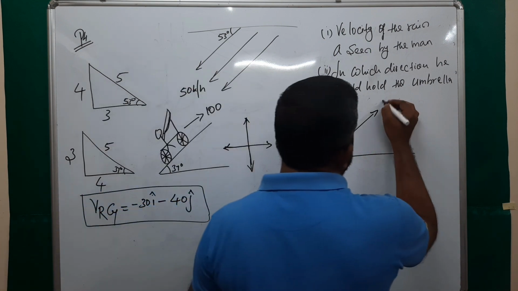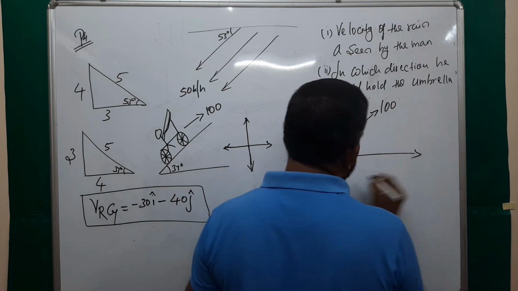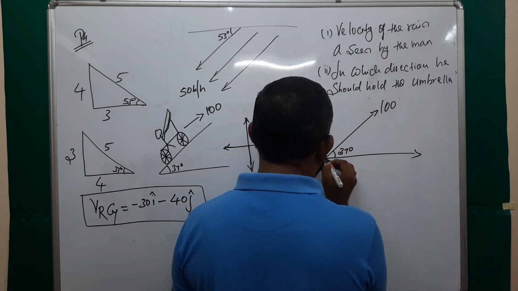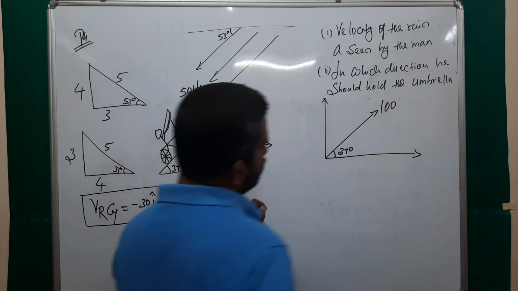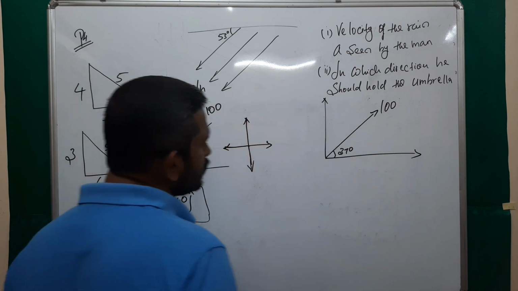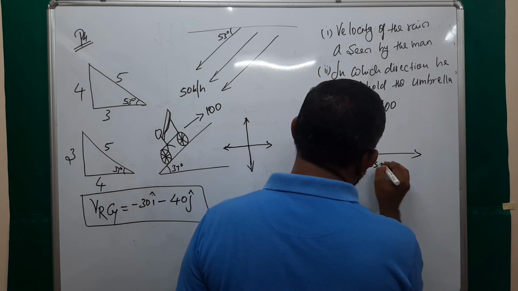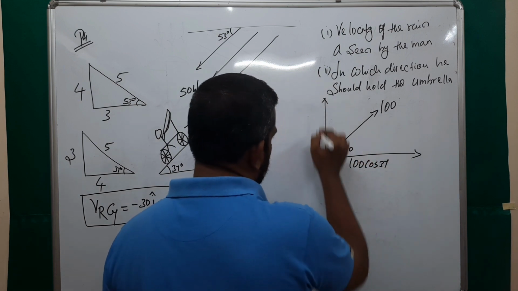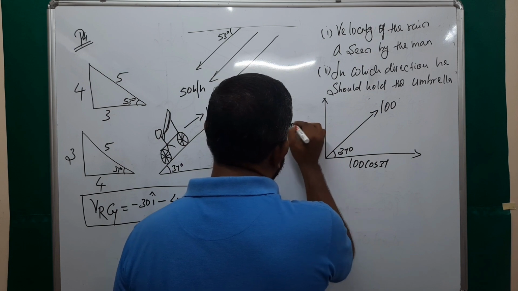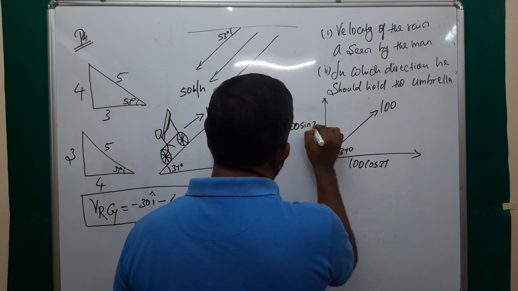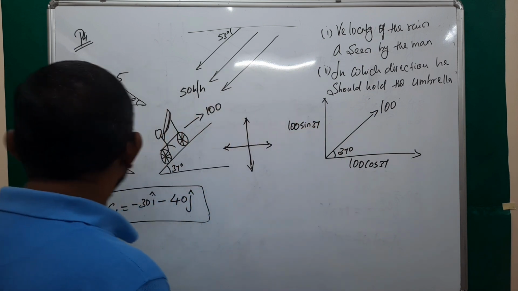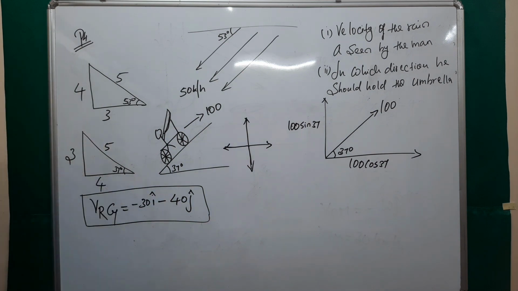The velocity is 100. So one component is along this direction and another component along this direction. This is 100 cos 37 and this is 100 sin 37. This is the 37 triangle.